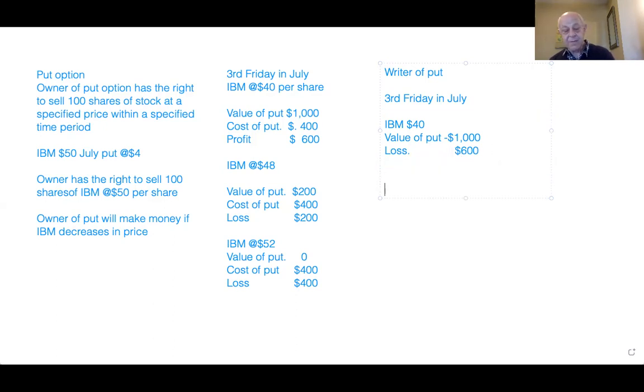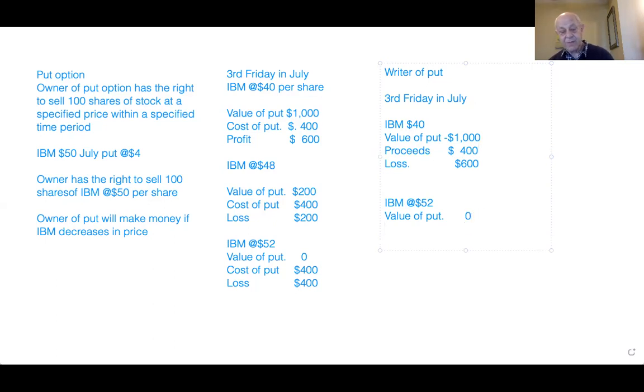So let's just jump to IBM at 52. Value of the put is 0. I'm sorry, I left this number out here. The value of the put and proceeds were 400. And that's how we got our loss of 600.